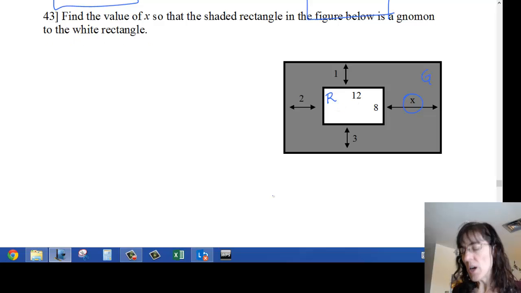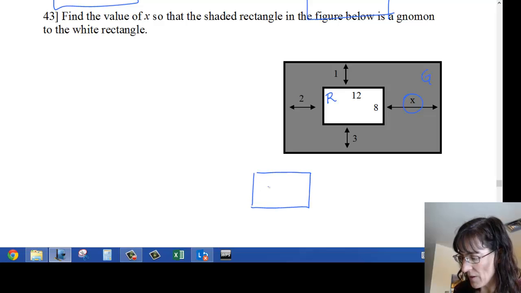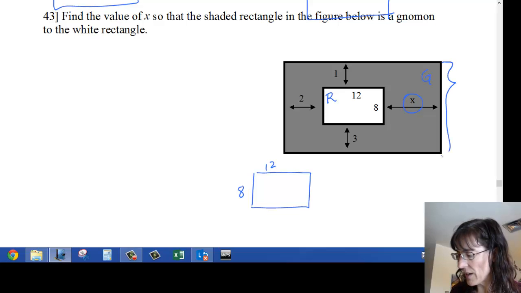So R has dimensions 12 on the long side, 8 on the short side, and that whole big shape that I'm putting together, this side I have to add up a few values to see. I have to add the 8 and the 3 and the 1, so 8, 9, 10, 11, 12. So that's going to have 12 for that side.